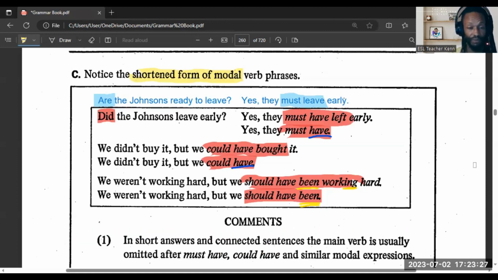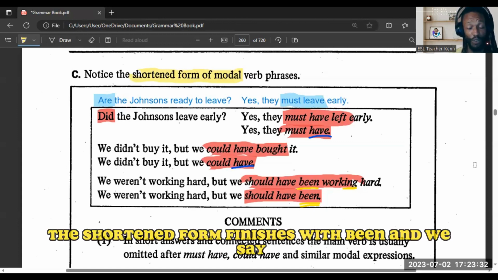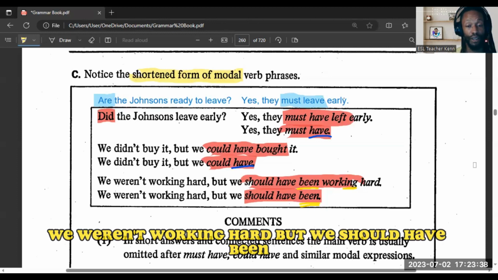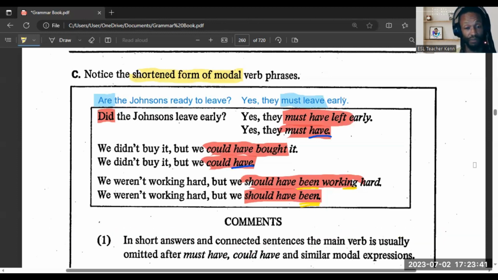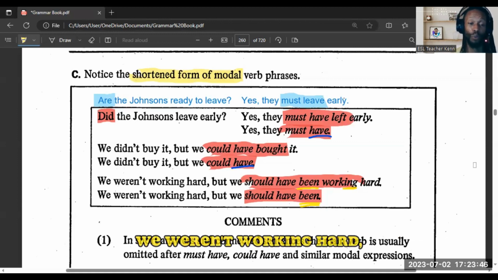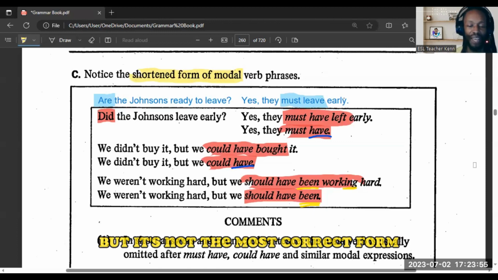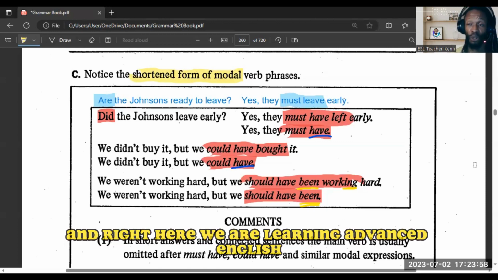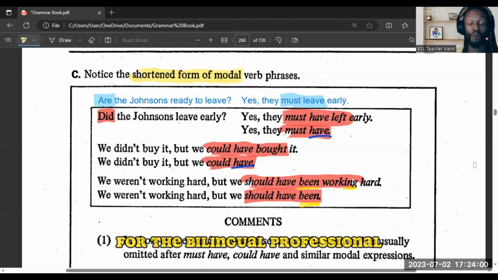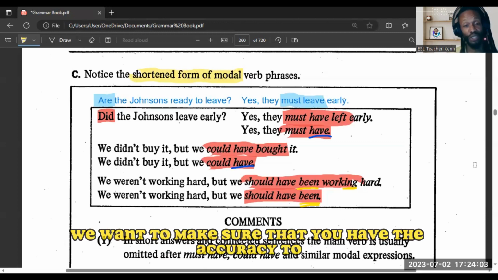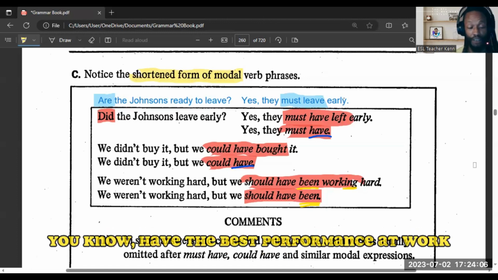Repeat. The shortened form finishes with been, and we say, we weren't working hard, but we should have been. If, in this case, you said, we weren't working hard, but we should have, people will understand, but it's not the most correct form. And right here, we are learning advanced English for the bilingual professional. We want to make sure that you have the accuracy to have the best performance at work.